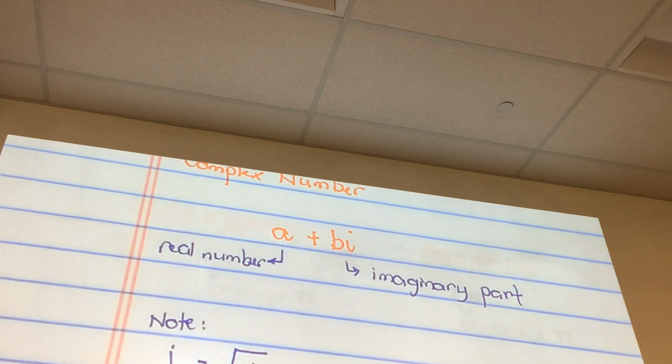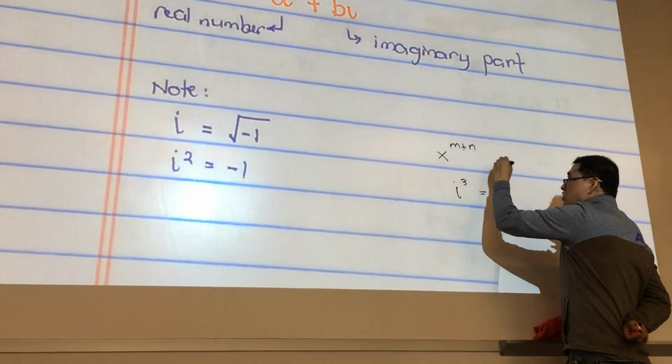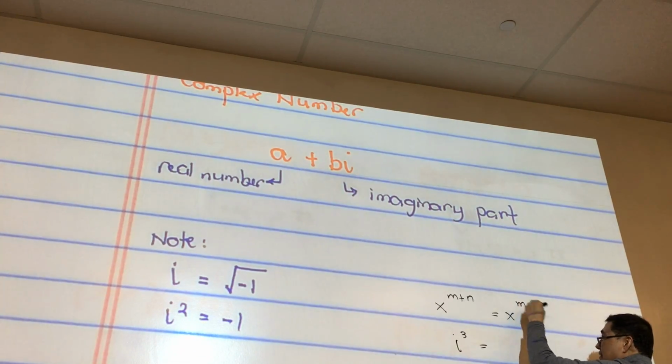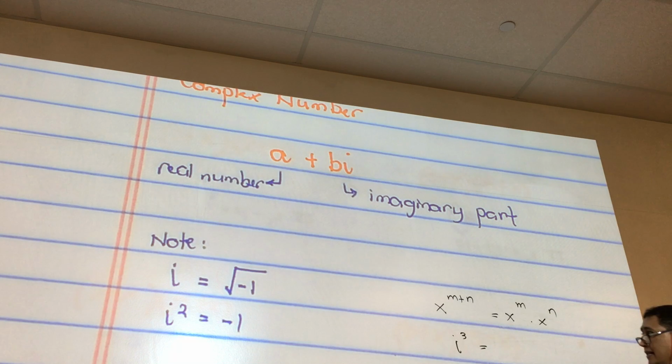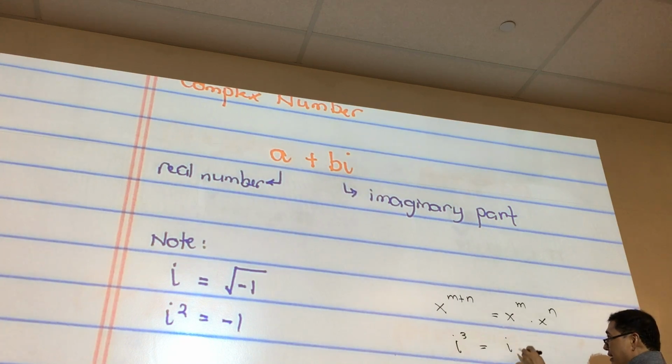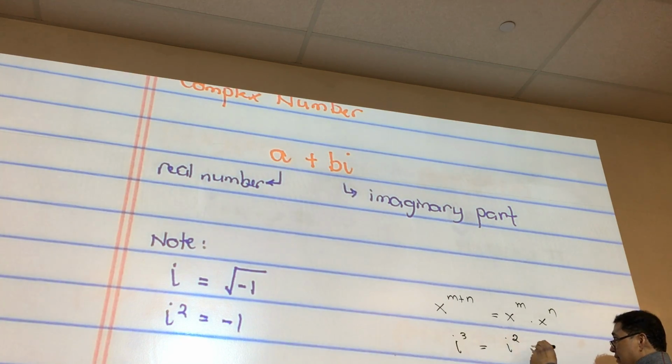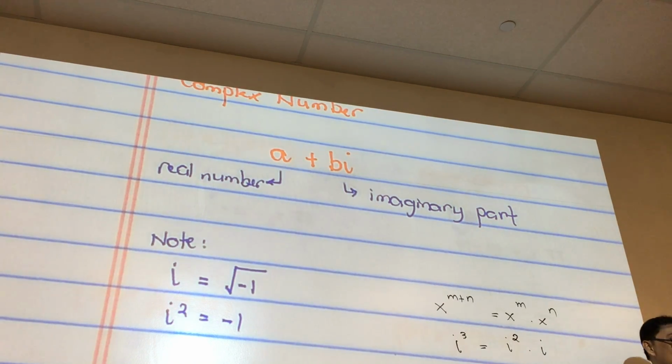Isn't it, people, we've learned that x to the m plus n is just x to the m times x to the n? Yes or no? Now I'm going to break this down. So I can write this as i squared times i. True or false? True. So i cubed is just i squared times i.